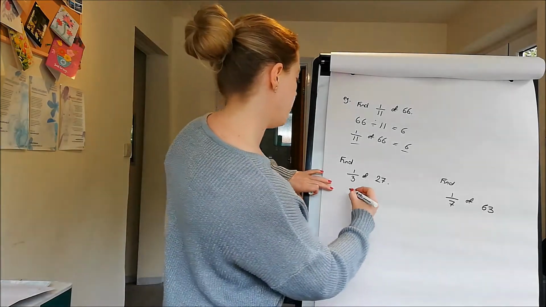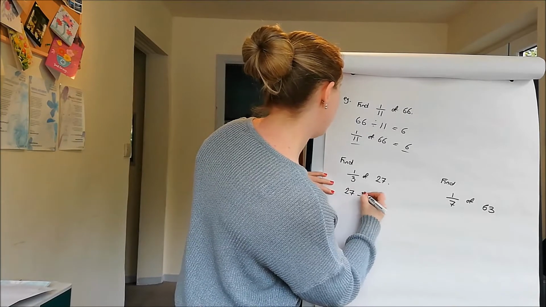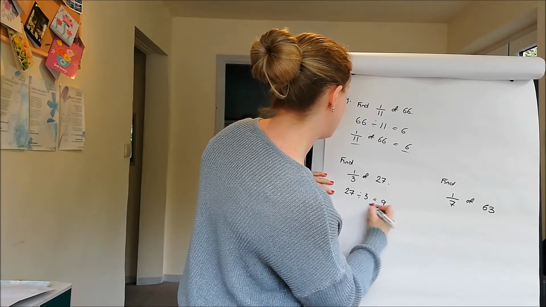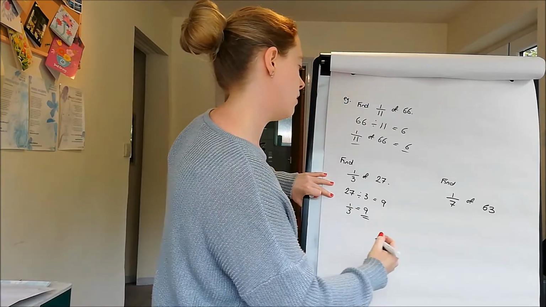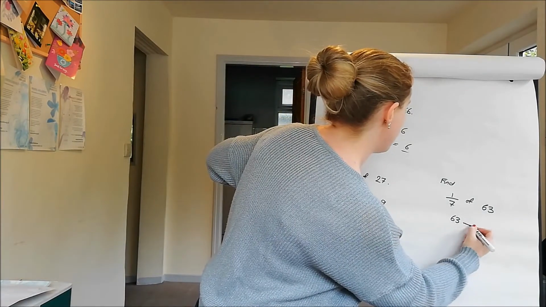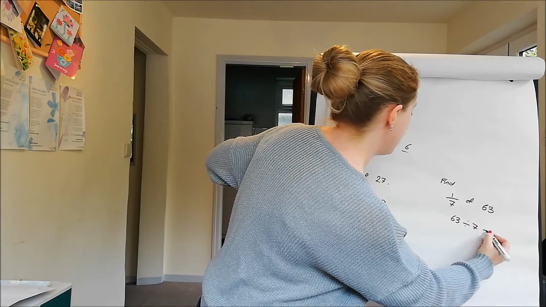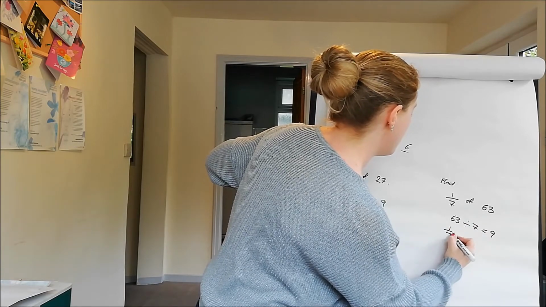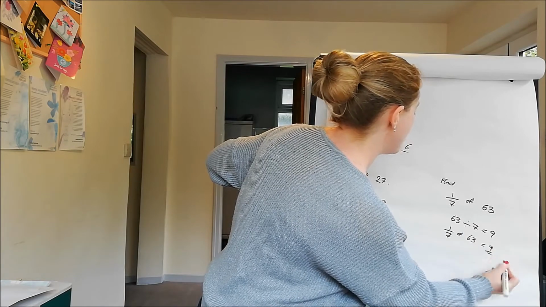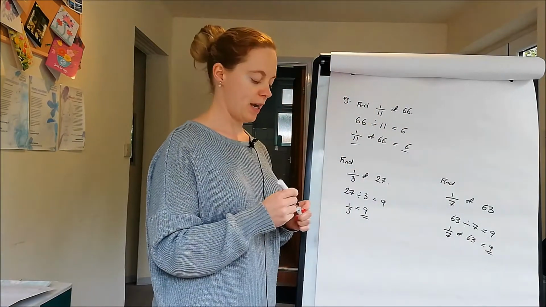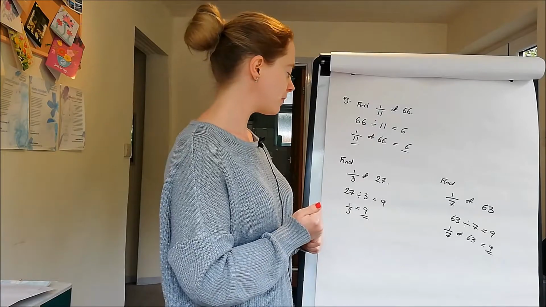Okay, so 27 divided by 3 is 9. So 1/3 of 27 equals 9. And 63 divided by 7 is also 9. So 1/7 of 63 is 9 as well. I must have had the 9 times table on the brain.